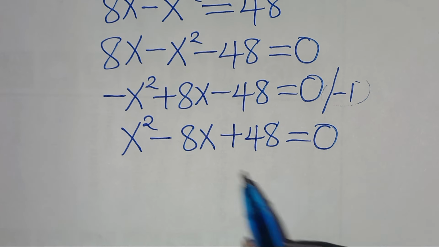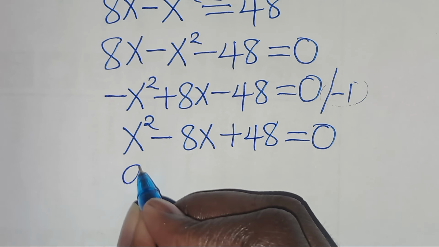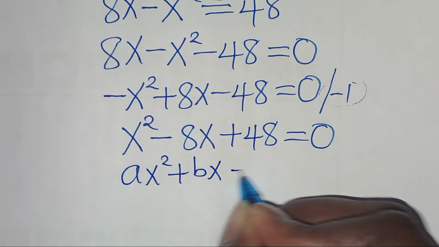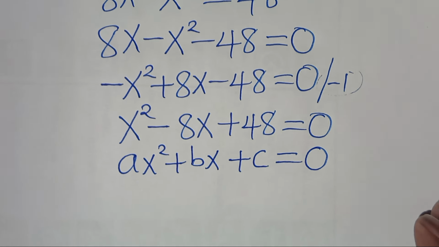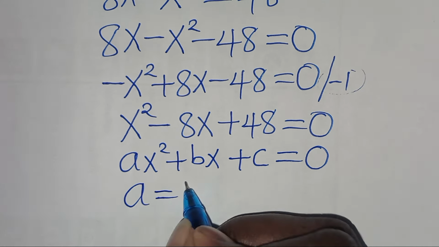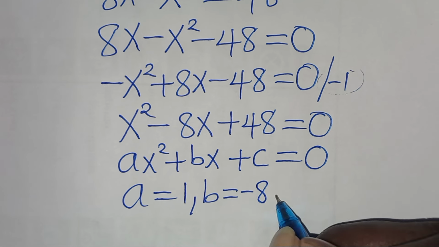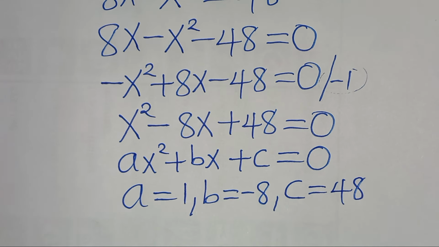Now, the next step from here, this is a quadratic equation of the form ax squared plus bx plus c equal to 0. From this quadratic equation, we have that a is equal to 1, b is equal to minus 8, and c is equal to 48.